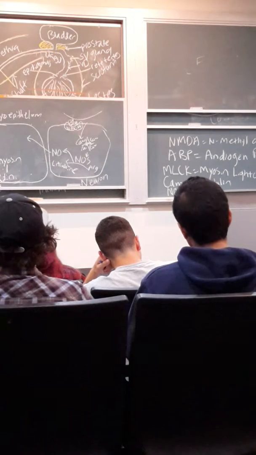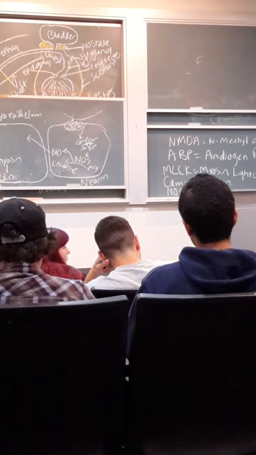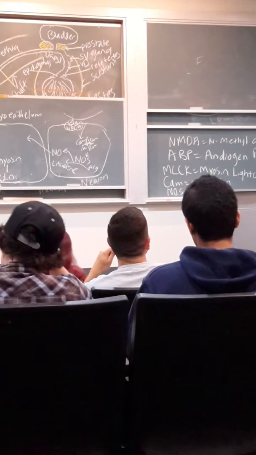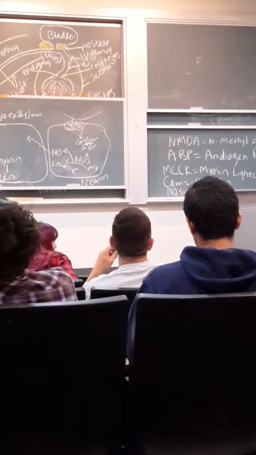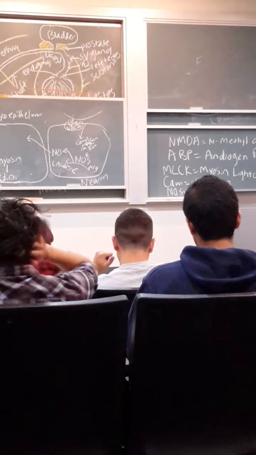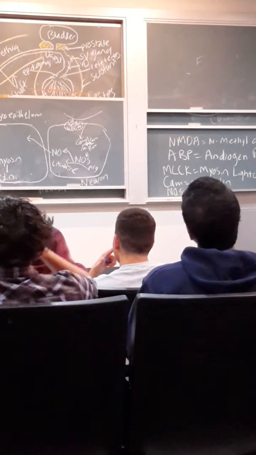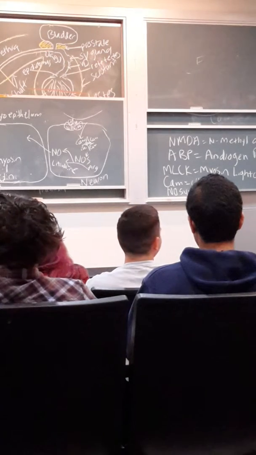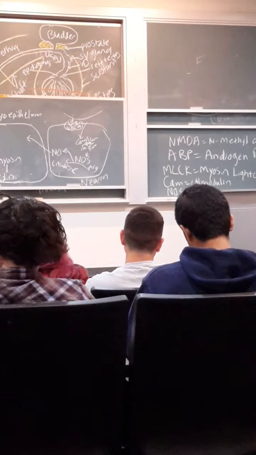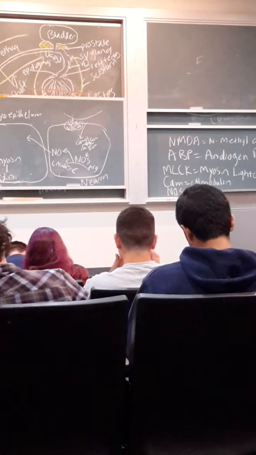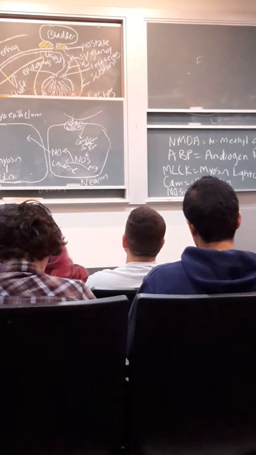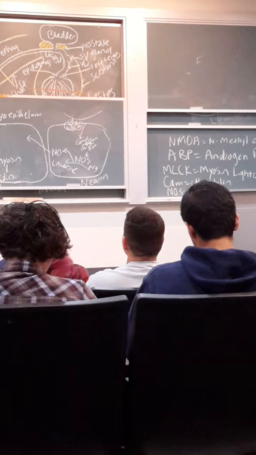What's your name? Oh, you're Danny. No. I'm Max. Max. Okay, Max. So that cell with the NOS, that's a neuron? That's a neuron. That's a neuron in your penis that's been contacted by another neuron that secreted glutamate as its neurotransmitter. Okay? So this NO binds to the iron group of guanylate cyclase.